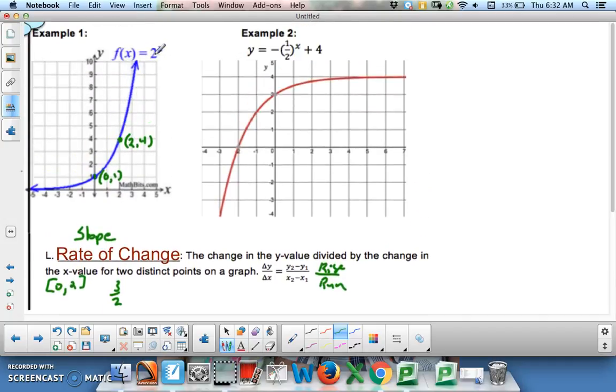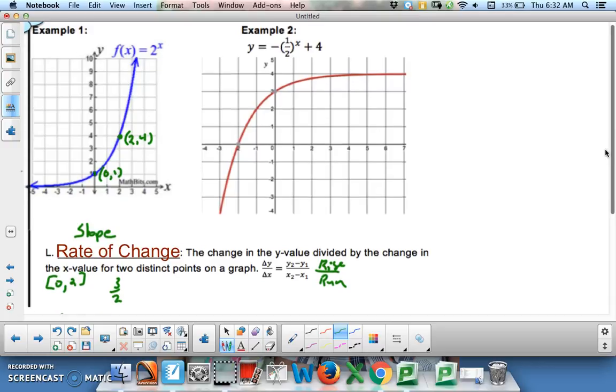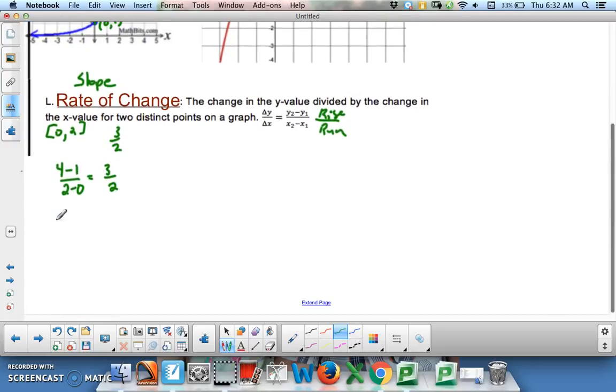If I had just given you the equation and I asked from 0 to 2, then you would need to plug in 0 and get the y value that goes with that 0, which is 1. You'd need to plug in 2 and get the y value that goes with that 2, which would be 4, and then do that same slope formula. So that would look like this. You would have 2 to the 0, because that's my first value, and that gives me 1, because anything to the 0 power is 1.